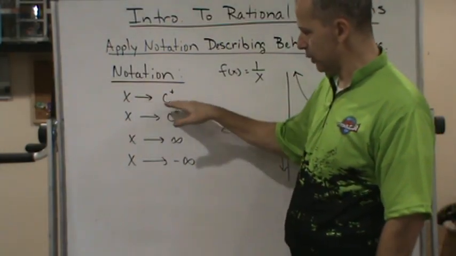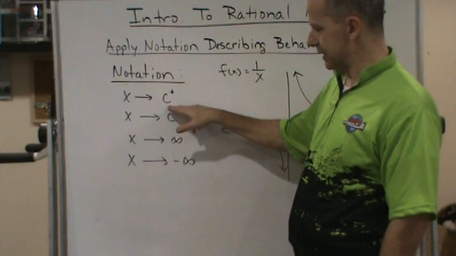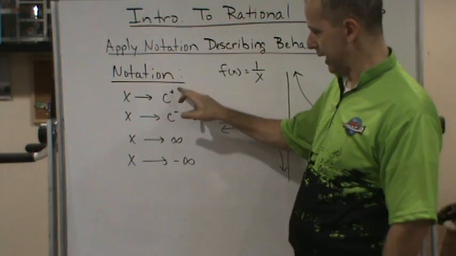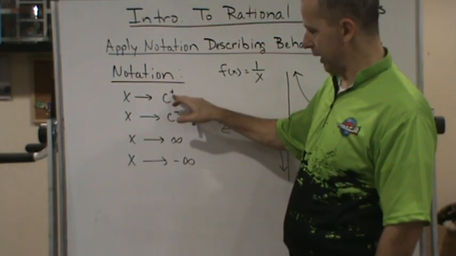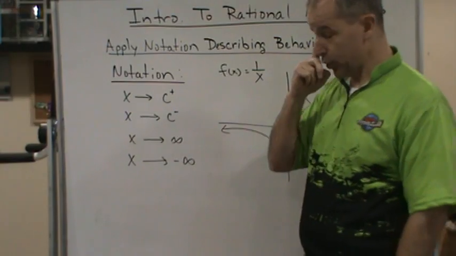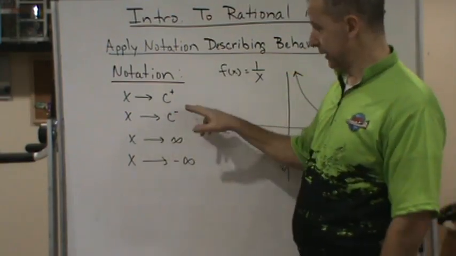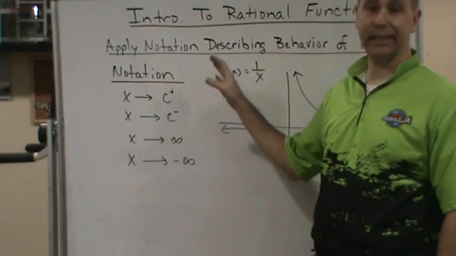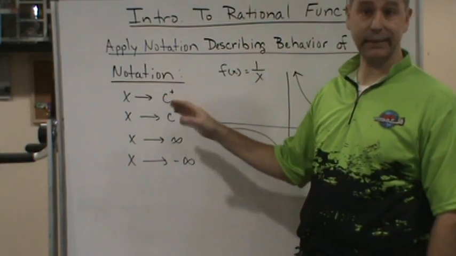The first one says x approaches c from the right. That plus, like an exponent, or a superscript, lets you know that we're approaching this value c from the right side.